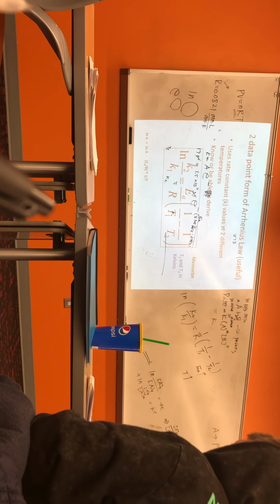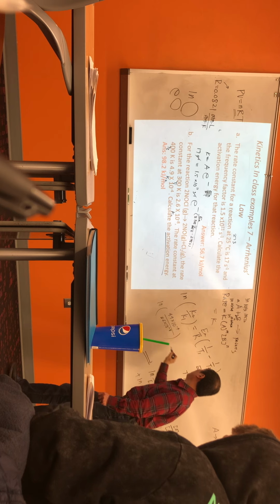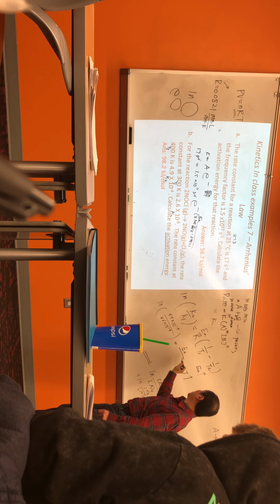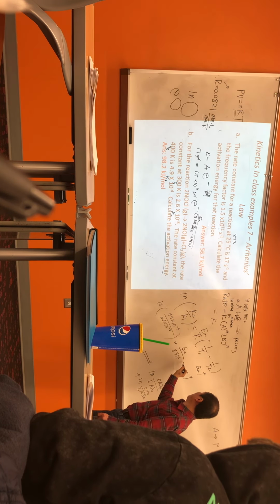So ln k2 over k1 is 4.9 times 10 to the minus 4 over 2.6 times 10 to the minus 8. Activation energy, the gas constant of 8.314 joule per mole per K, and I have 1 over the first temperature, which is 300 Kelvin, and the second temperature is 400 Kelvin.